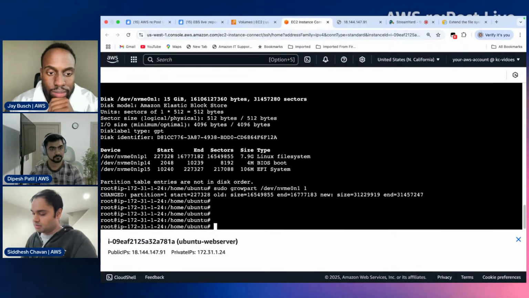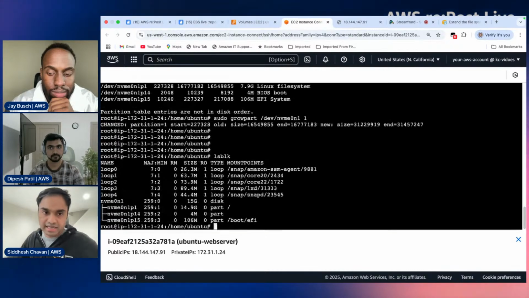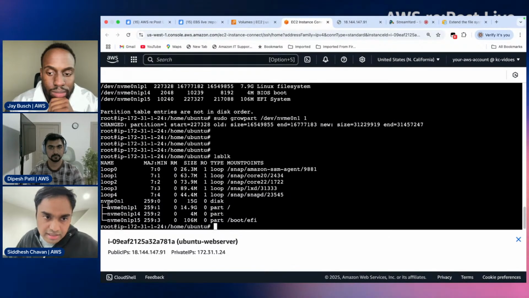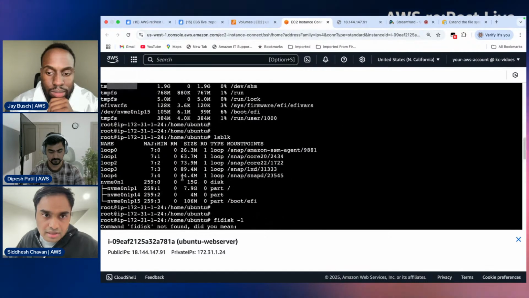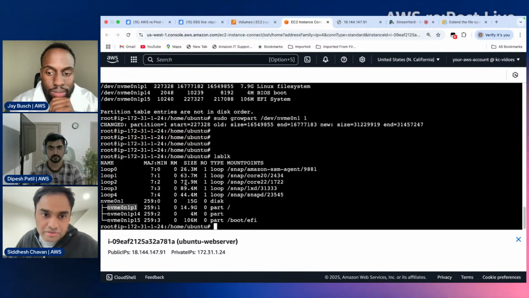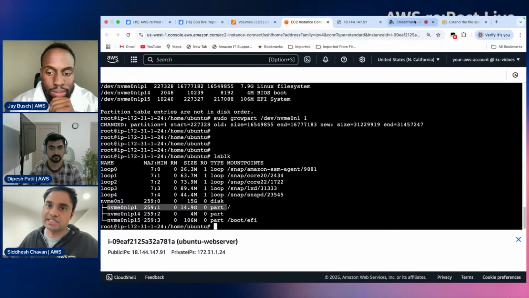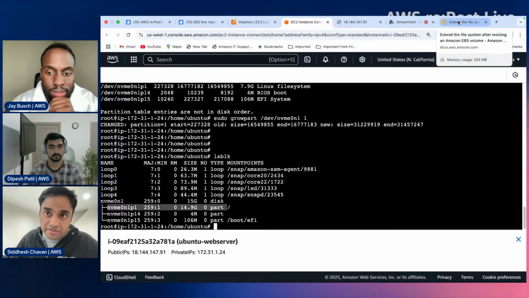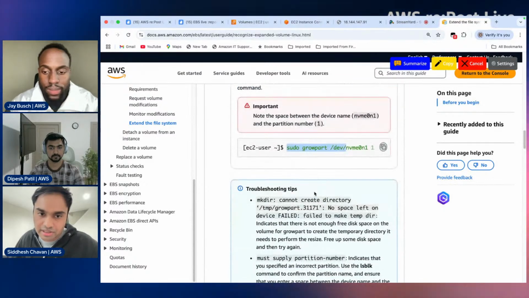The partition has now been resized. You can see here earlier nvme0n1p1 was 8 GB, and now it has been modified to 15 GB. Now we need to resize the actual file system running on it.